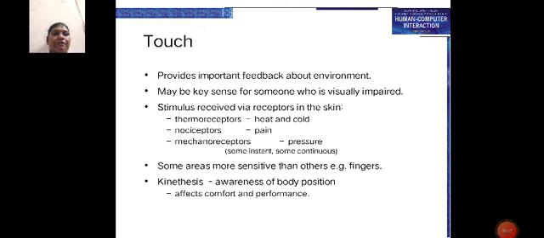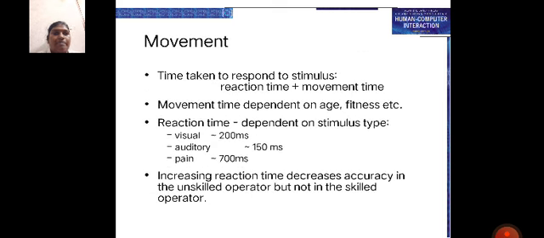For example, fingers. Awareness of body position affects comfort and performance, and is called kinesthesis. In terms of movement of the body, the time taken to respond to a stimulus is equal to reaction time plus movement time.